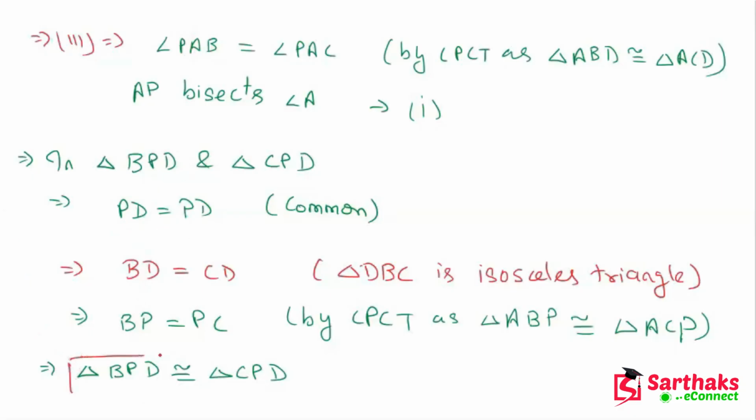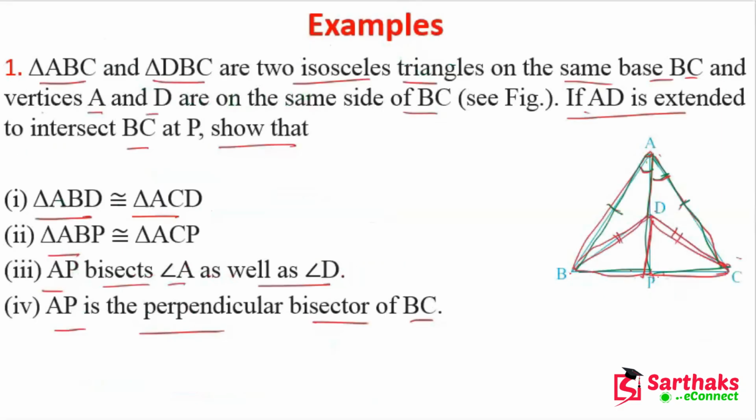So this angle and this angle are equal. If these two angles are equal, then we can say that DP is the bisector of angle D.